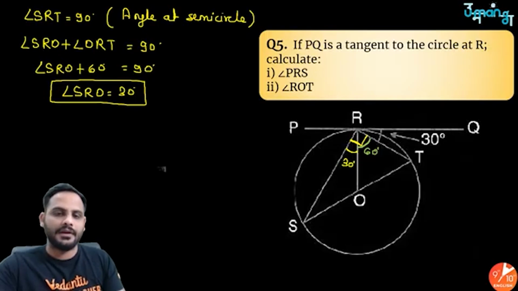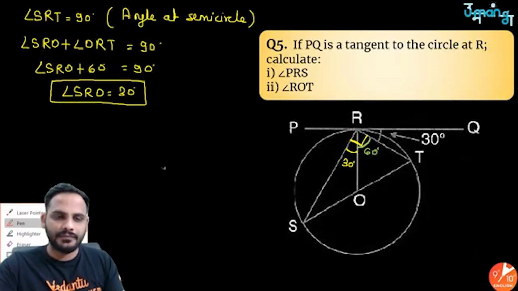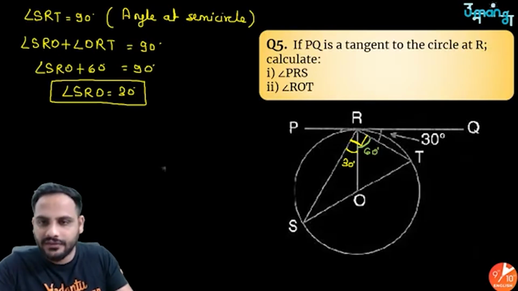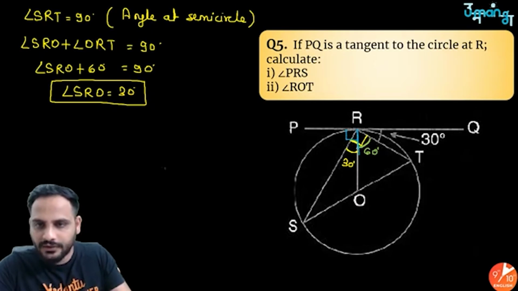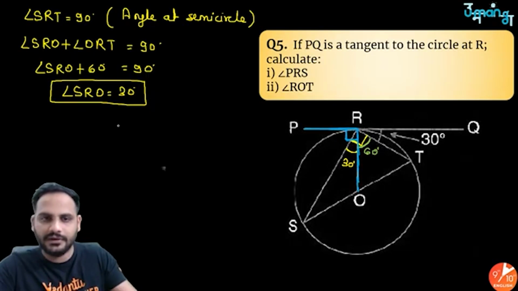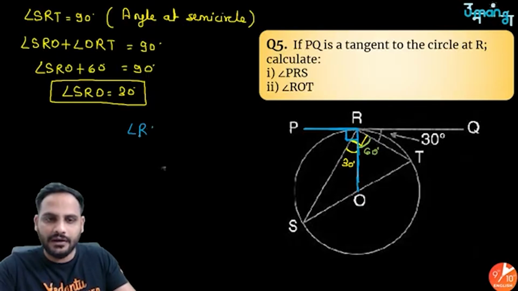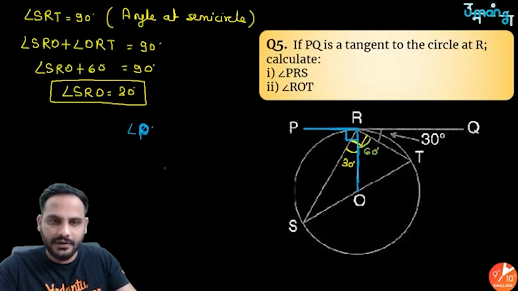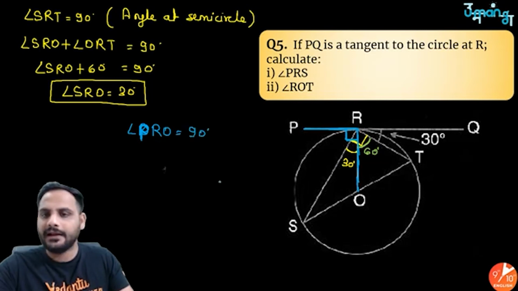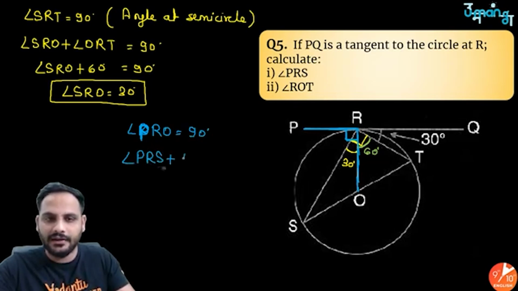ठीक है. One more thing. I know this angle PRO also will be 90 degrees, because radius at the point of contact is perpendicular to the tangent. So angle PRO is also equal to 90 degrees. And angle PRO is made up of angle PRS plus angle SRO, which is 90.